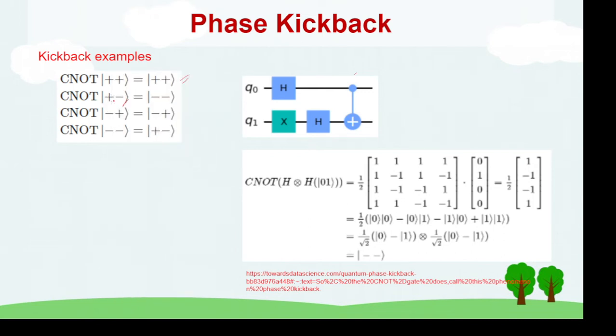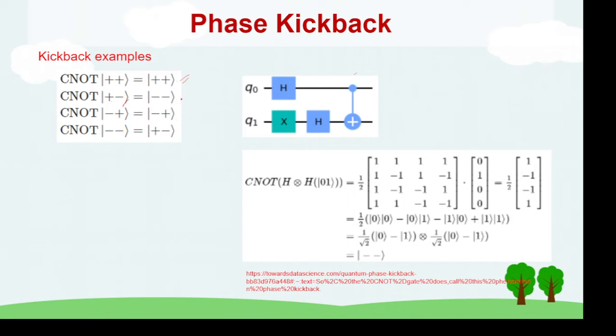The first one is control and the second is target. All right, you will get minus. But if it is minus plus, nothing happens, it comes as it is. But if it is minus minus, then again there is a change in the phase for the control qubit, and the target qubit remains as it is, then we'll get plus minus.